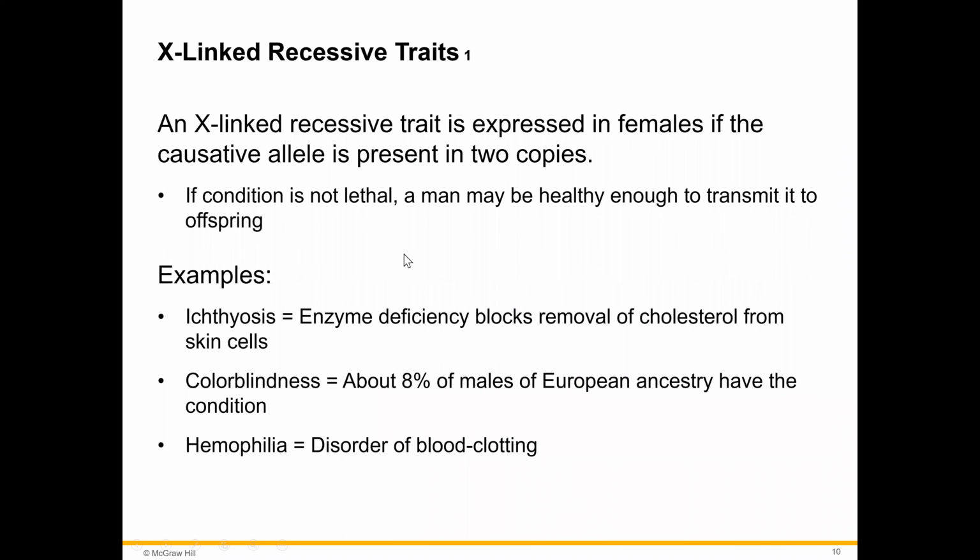And X-linked recessive traits are expressed in females if the causative allele is present in two copies. What it means is, if we have X-linked recessive, here's our X, and we have this recessive allele. For a female to express it, it must be present on both X chromosomes. Like with somatic traits, for a recessive to be expressed, we need two copies of the recessive gene. The same with X-linked.